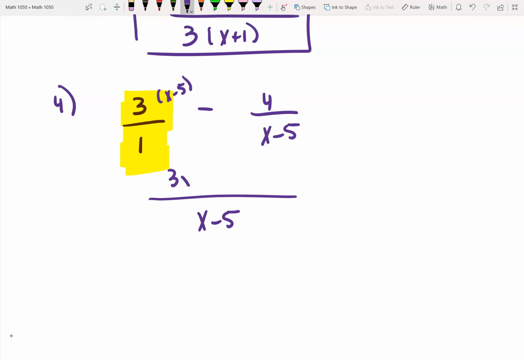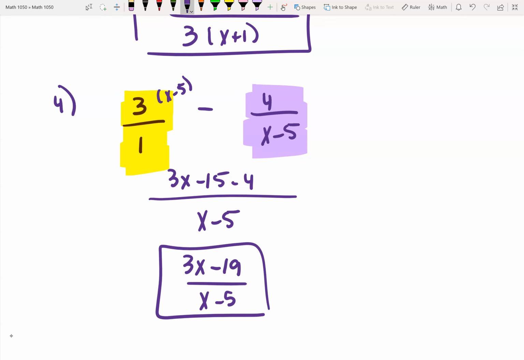When I do that, I get 3x minus 15. This next one already has the x minus 5, so he's totally good to go. That's just minus 4. So now I have 3x minus 19 over x minus 5, and I'm done.